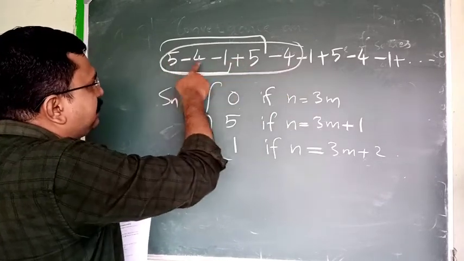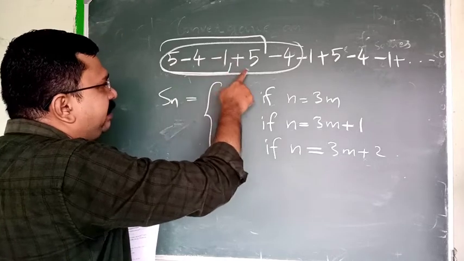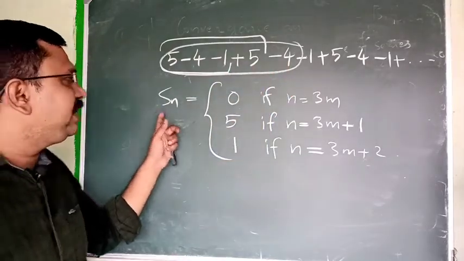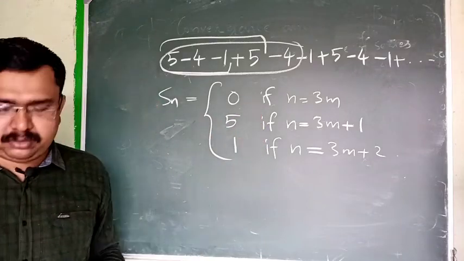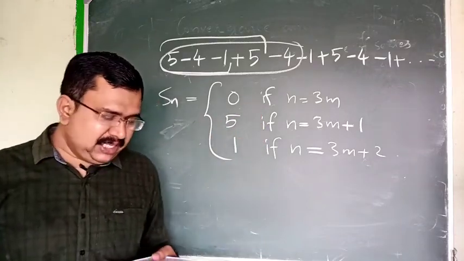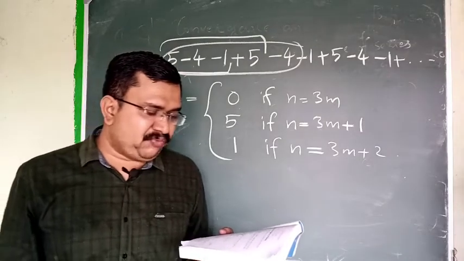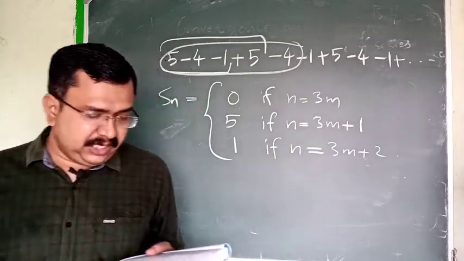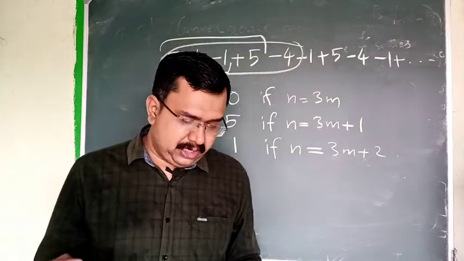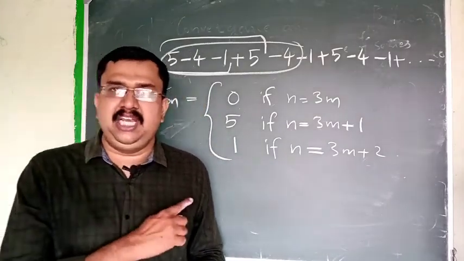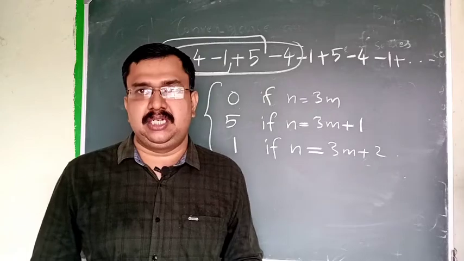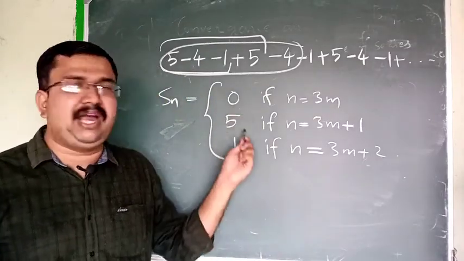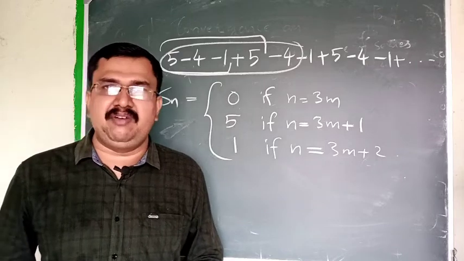These first 3 terms become 0, then the remaining is 5 minus 4, that is 1. Therefore, here Sn has 3 values. Hence the sequence of partial sums is 5, 1, 0, again 5, 1, 0, which doesn't converge. Therefore, this series is divergent. Remember that it has 3 values, therefore it is a divergent series.